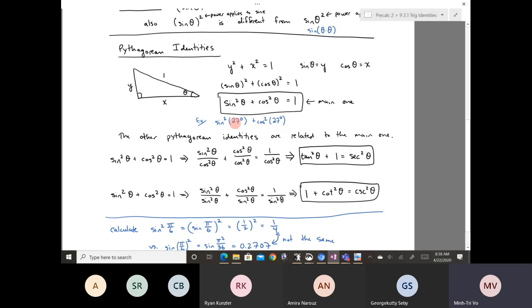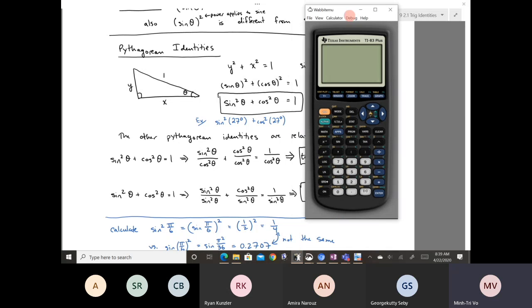Sine of 27 degrees is going to be like 0.4 something maybe, and cosine of 27 degrees is going to be like 0.7 something maybe, right? So it's some long decimal number, and if you square sine and square cosine and add them together, they'll always be equal to 1, right?